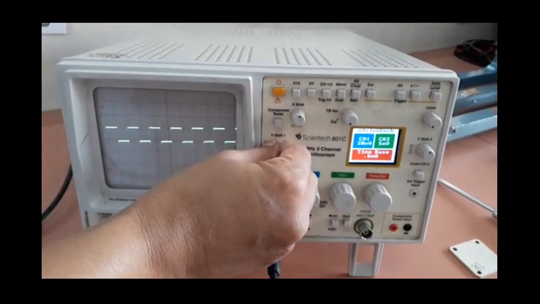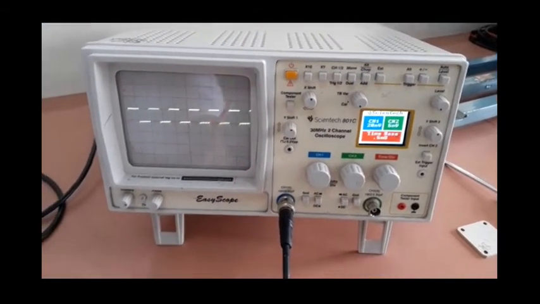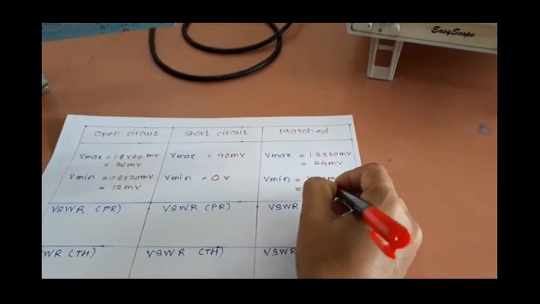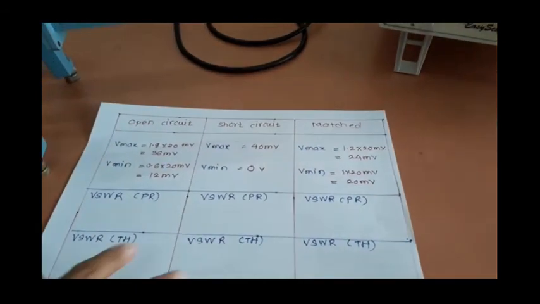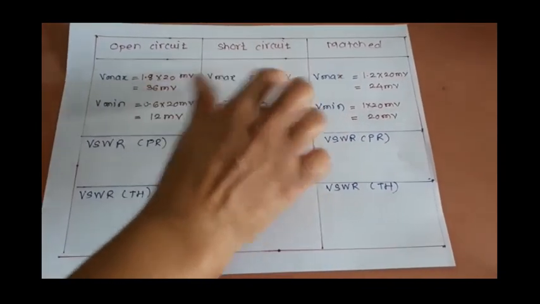The minimum I am getting is 1 division into 20 millivolts, so this 1 into 20 millivolts is 20 millivolts. So here I have observed the maxima and minima for open circuit, short circuit and match circuit.